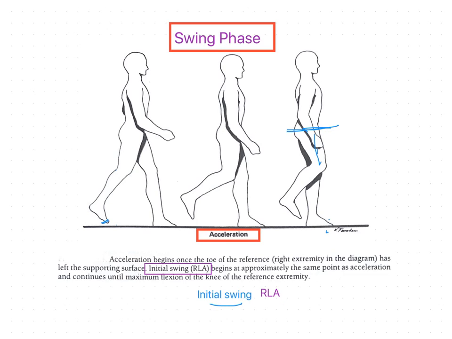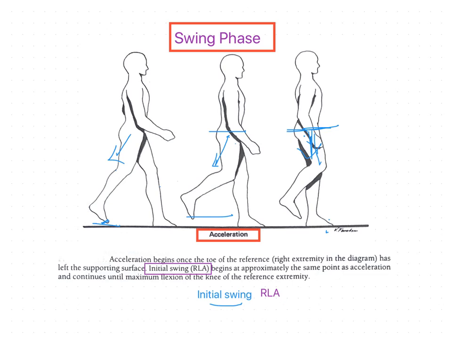Here if you can see, in this picture, the limb is away from the body. Here you can see there is some hyperextension, but in the next stage, that is called mid swing, the limb is directly below the trunk. Okay, so this is the stage of acceleration.